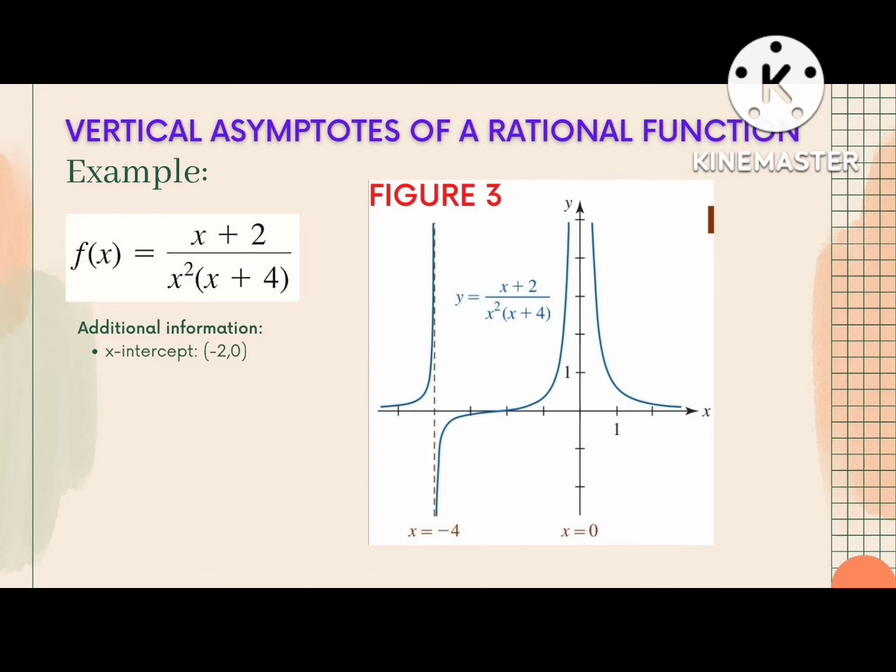Using the additional information that the x-intercepts are negative 2 and 0, we obtain the graph of f shown in figure 3.